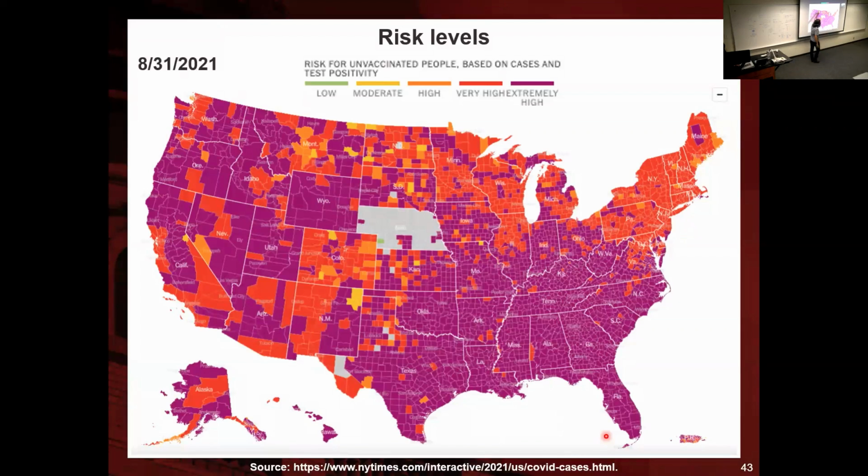And then they created that scale from low to extremely high. And pretty much we are there, right? In the extremely high risk of contracting COVID-19.